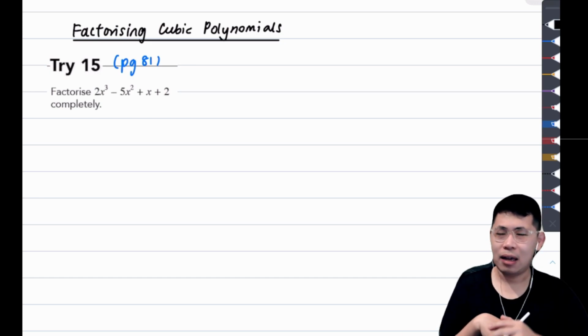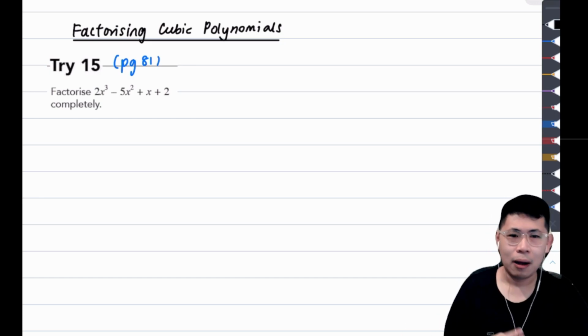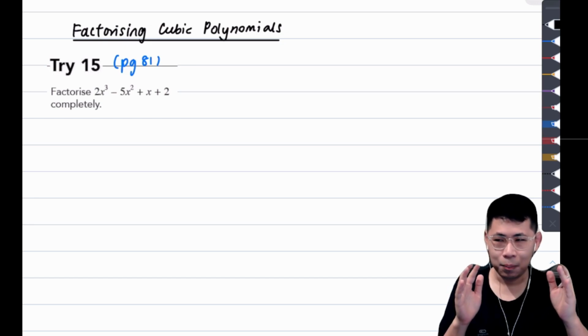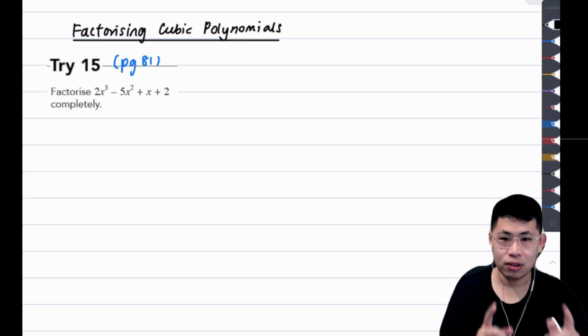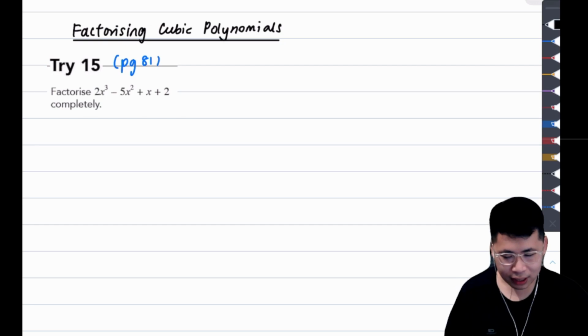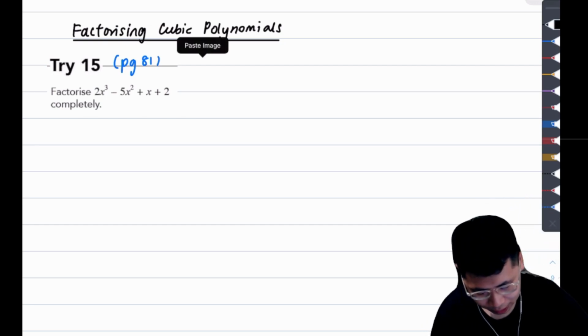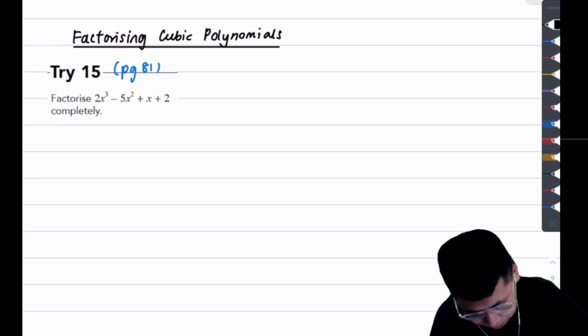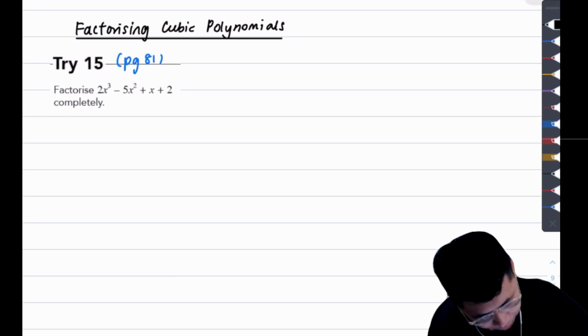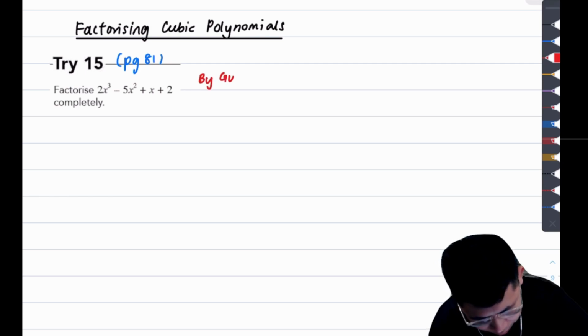At most maybe you go to 3 or 4, but you just need to guess and check the first root. So over here, let us quickly do the guess and check. I will write this in red because this is actually not needed.